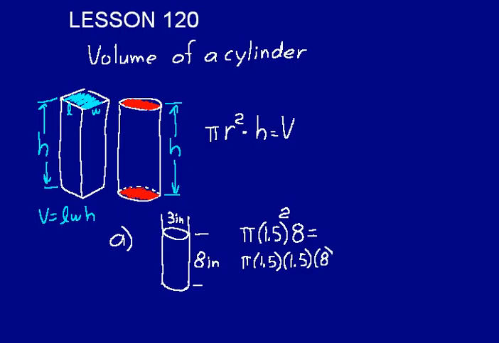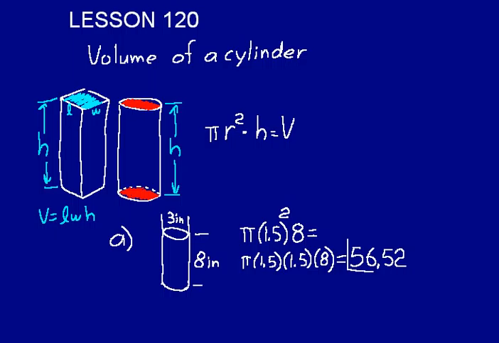And we remember that pi is equal to 3.14. And so we can just say 3.14 times 1.5 times 1.5 times 8. And then hit your enter or equal sign, whatever your calculator has on it, and round it to 2 decimal places, 56.52.